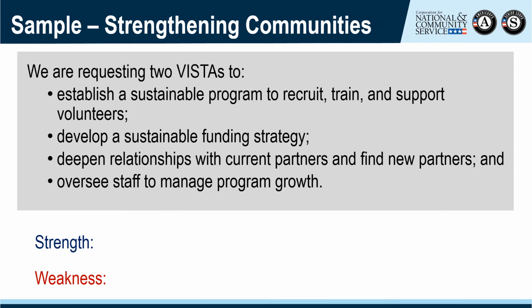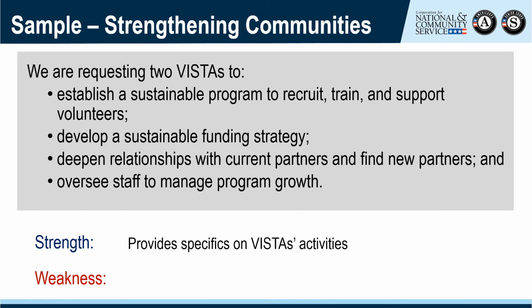We are requesting 2 VISTAs to help establish a sustainable program to recruit, train, and support volunteers, develop a sustainable funding strategy, deepen relationships with current partners and find new partners, and oversee staff to manage program growth. So here, the strength might have been apparent.